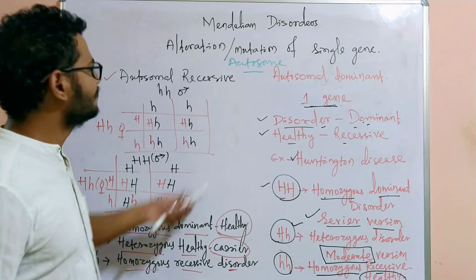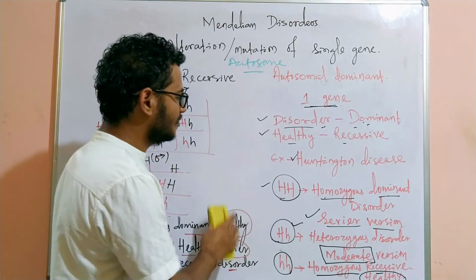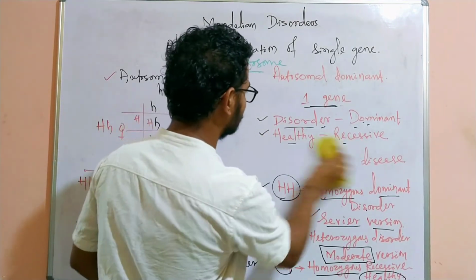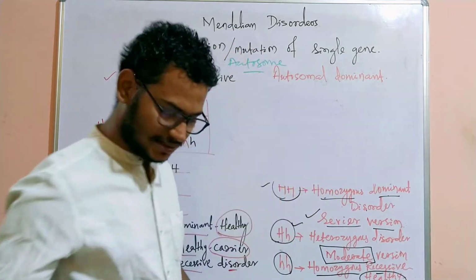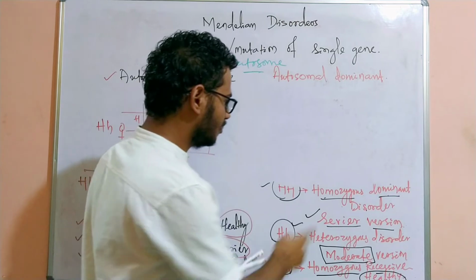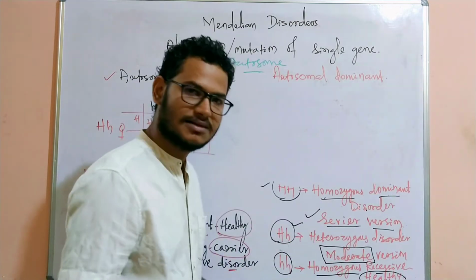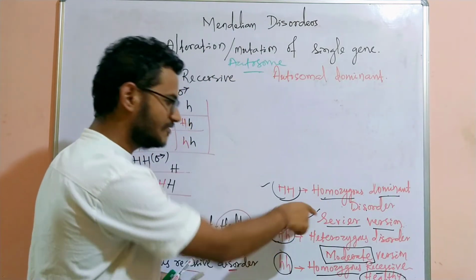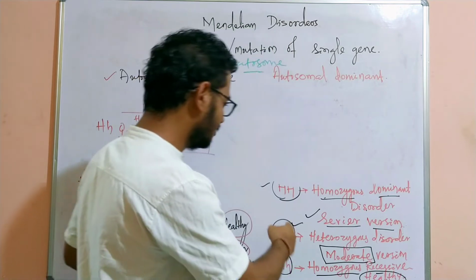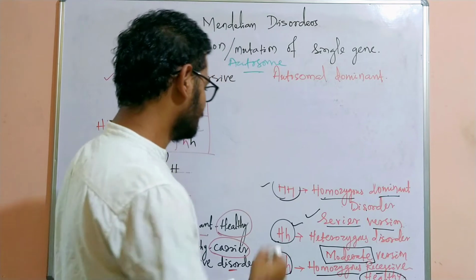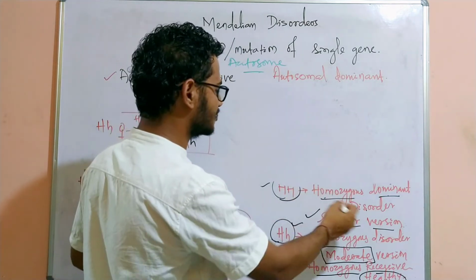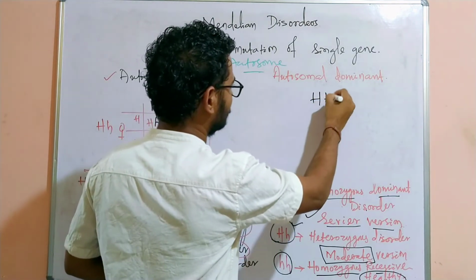Likewise, in case of autosomal dominant, we will make crosses now, and let's find out what will happen in this case. So here the homozygous dominant is having the disease, the severe version of the disease. Heterozygous disease degenerate is having the moderate version. So let's take a homozygous dominant father.